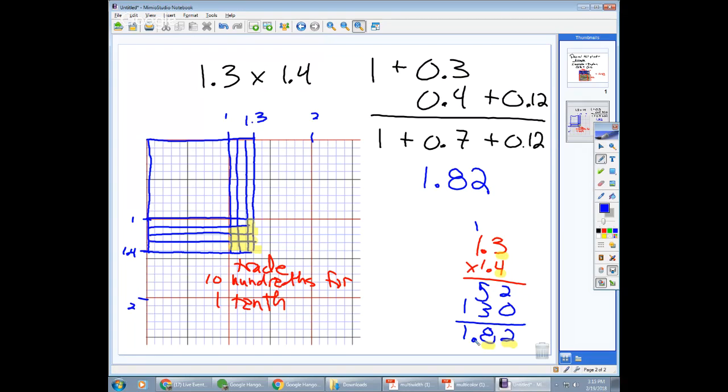Not bad? So on this one here, I got the expanded version up here, which is based on my picture. So reading it over this way, here is my 1/2, and here's my 3/10, based on this being the whole. And this way, I have my 4/10 and my 12/100.